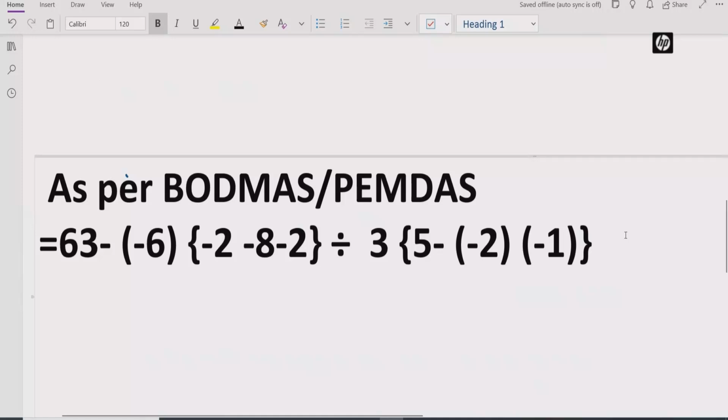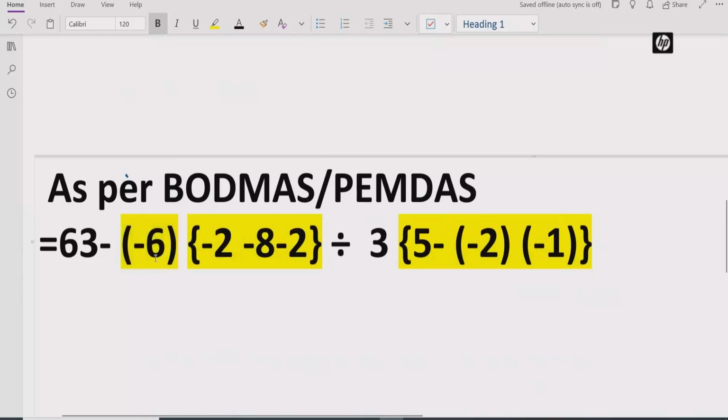We have to solve it using BODMAS and PEMDAS method. According to the rule, first we have to solve the brackets. There are multiple brackets, here we have this one bracket, this one is another bracket, and also we have this bracket.